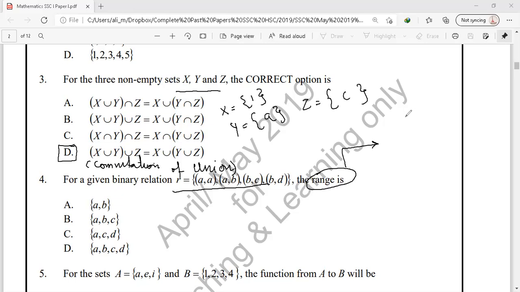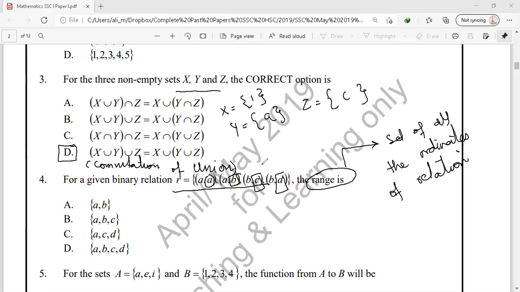So as we know, range is actually a set of all the ordinates of the given relation. अगर हम इस रिलेशन के तमाम ऑर्डिनेट्स का सेट फॉर्म करें, so that will be equal to the range of that relation. सो ये जो मैं जिन पार्ट्स को सर्कल कर रहा हूँ, these are known as ordinates. So if we make the set of these ordinates A, B, C, and D, this is actually the range of this relation. So the correct option for question number 4 is option D.